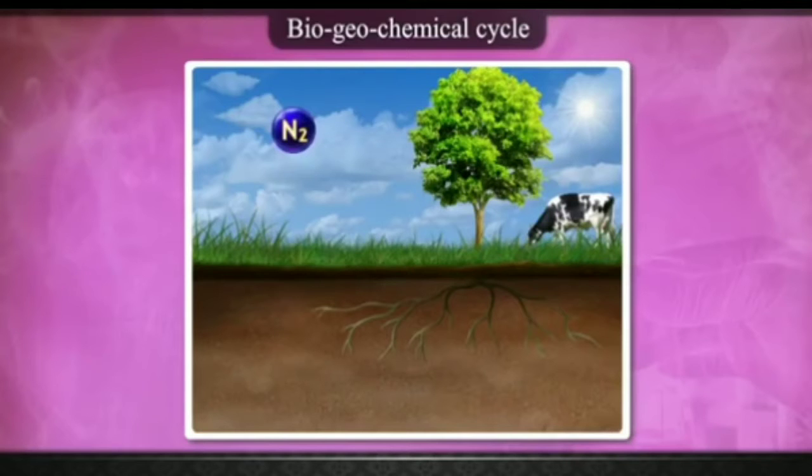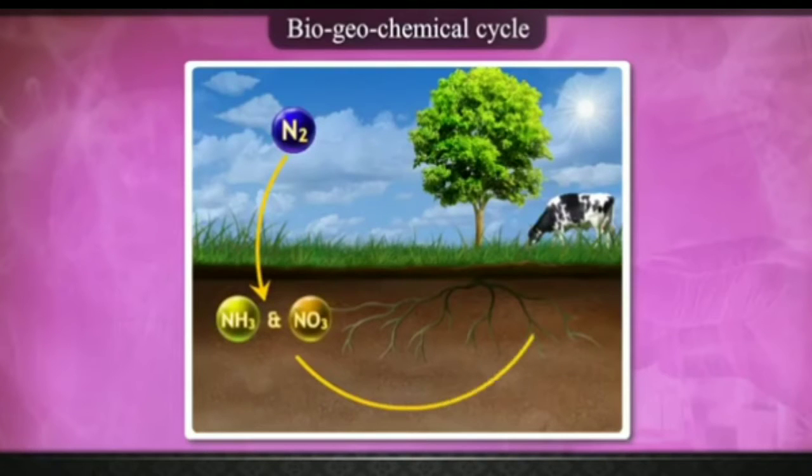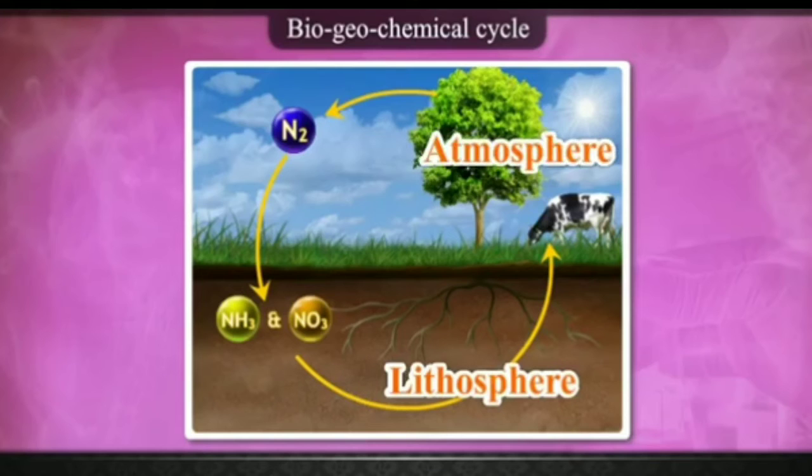Nutrients necessary for the growth of organisms are continuously transferred from abiotic to biotic factors and biotic to abiotic factors within an ecosystem. This cycle operates continuously through the medium of biosphere formed by lithosphere, atmosphere and hydrosphere.